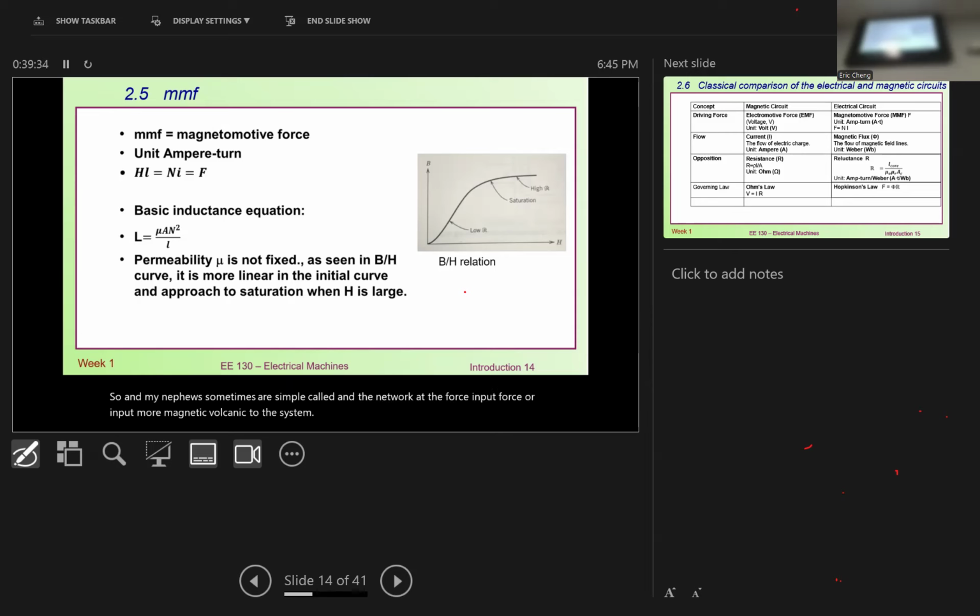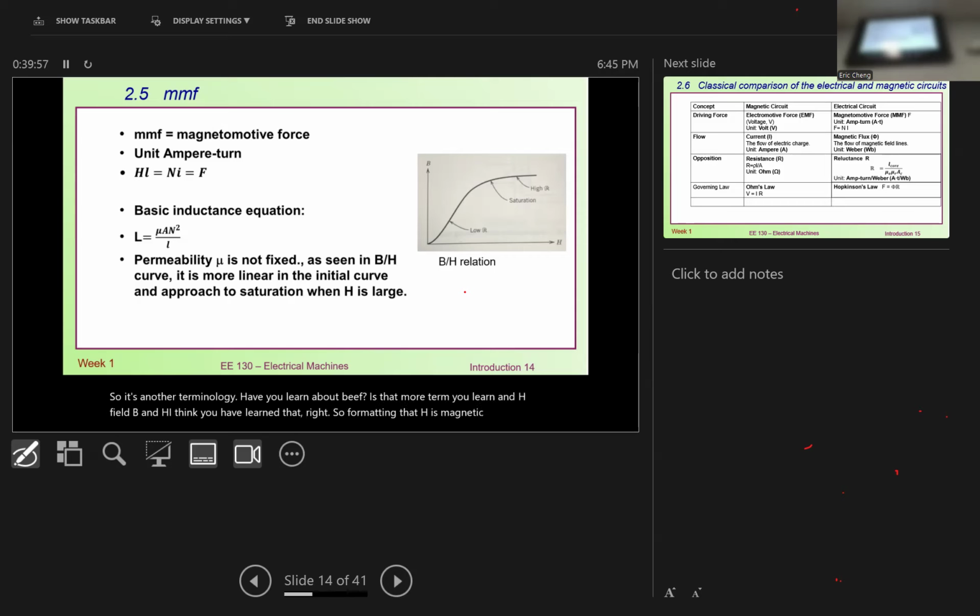MMF should also have another formulation, H. H is the magnetic field intensity. That's another terminology. Have you learned about B? That one you learned, the H field, B and H. I think you have learned that, right? Yeah. So H is another magnetic quantity we learn.